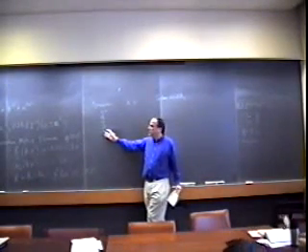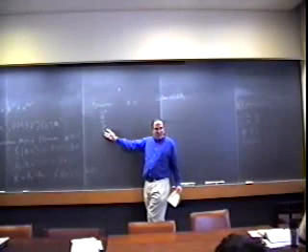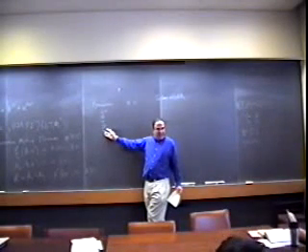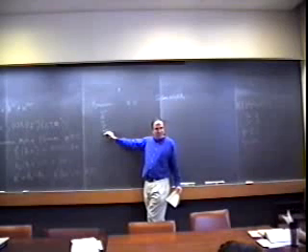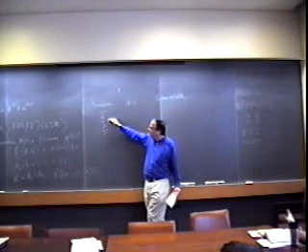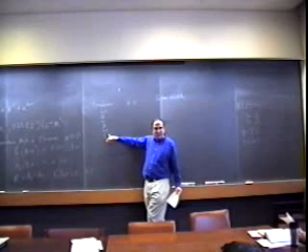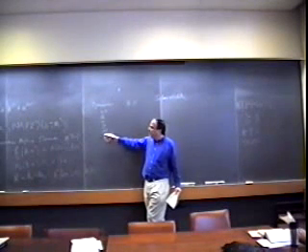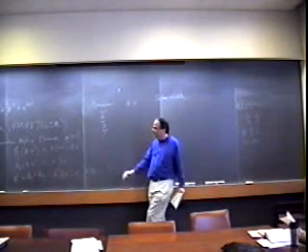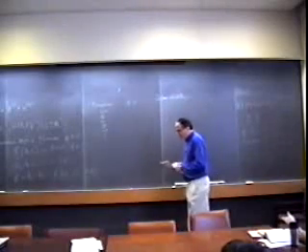J has two projection quantum numbers, one in the laboratory and one in the body. And so I've chosen to use the superscript for body and subscript for laboratory. You encounter that less often, and so I'm not even going to talk about it.